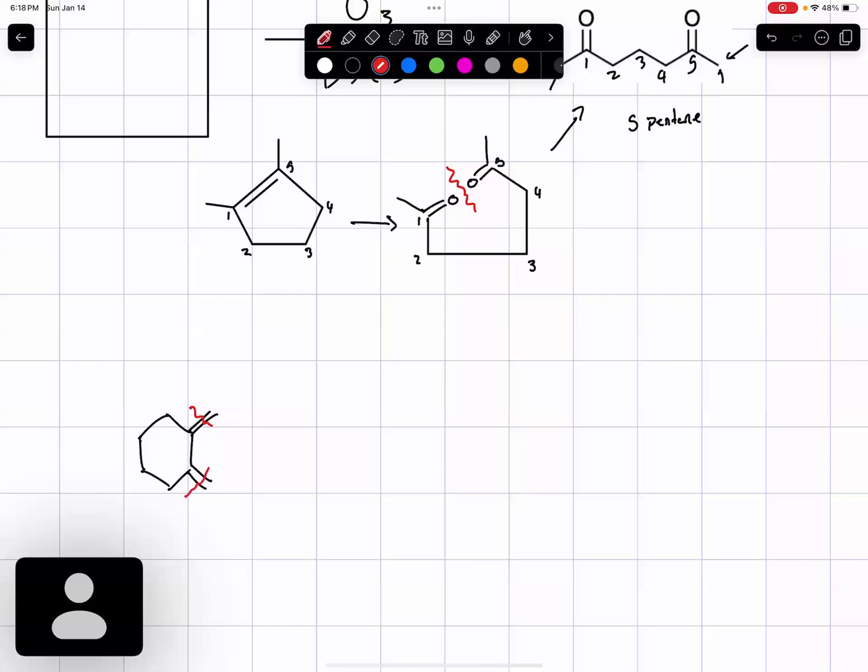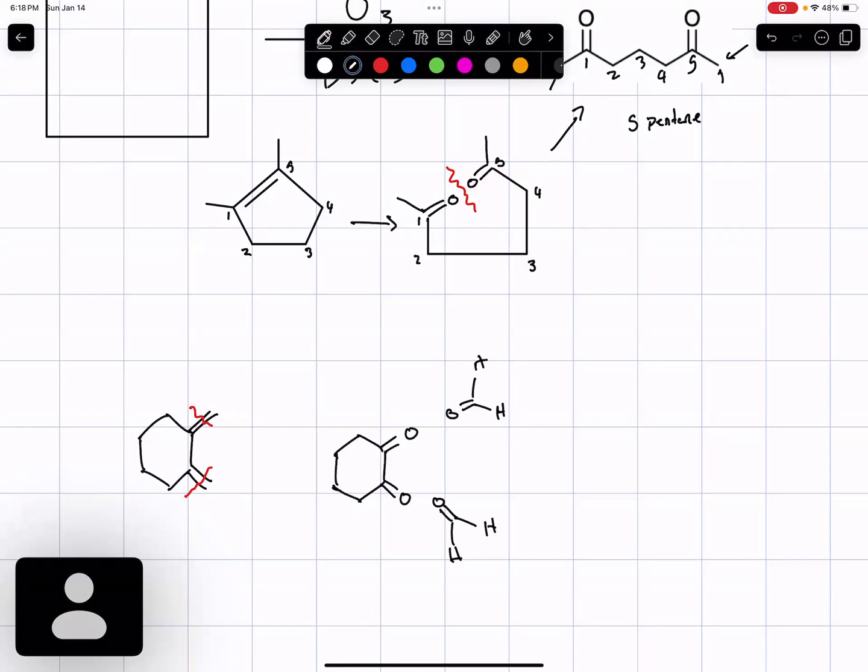If I split it here, I'm forming a carbonyl. But here I'm forming the same formaldehyde product here. And all I'm doing is making that same ketone on the bottom carbon, right?